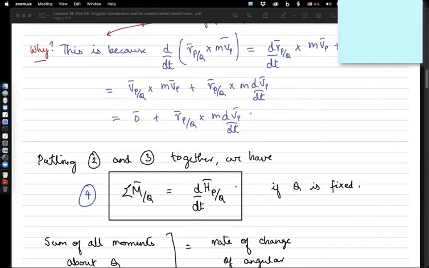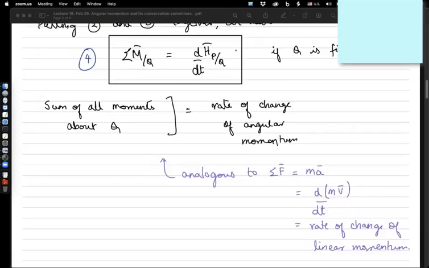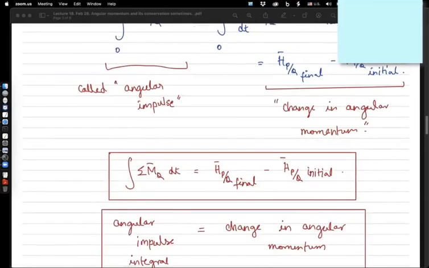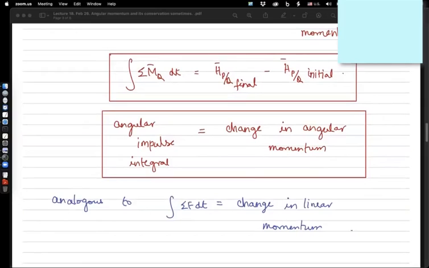This is kind of the differential equation version. It's like F equals ma, right? This is analogous to F equals ma. And then the third equation is, once you integrate both sides, the integral of moments equals the discrete change in angular momentum. Okay, cool. Any other questions before we try to use this equation?